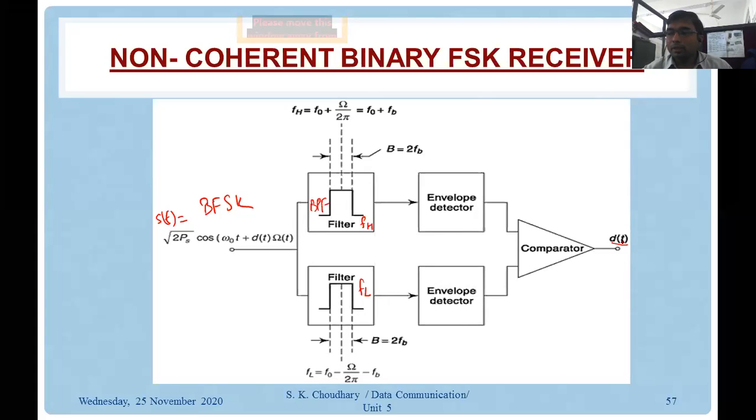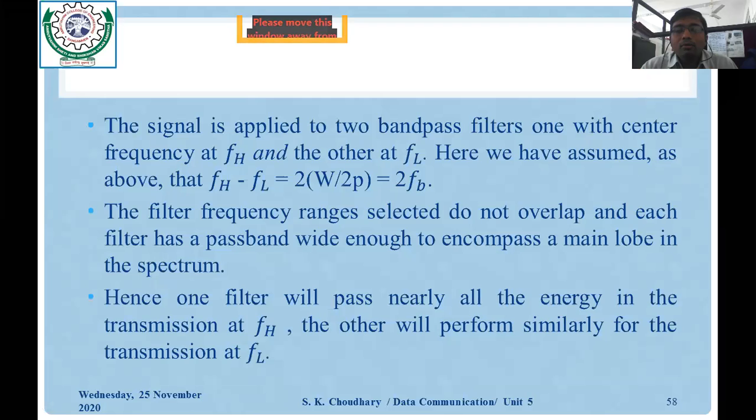So there are two ways to receive or regenerate the binary data from the FSK signal. One is coherent detection, another is non-coherent detection. This is the same thing I have mentioned here.